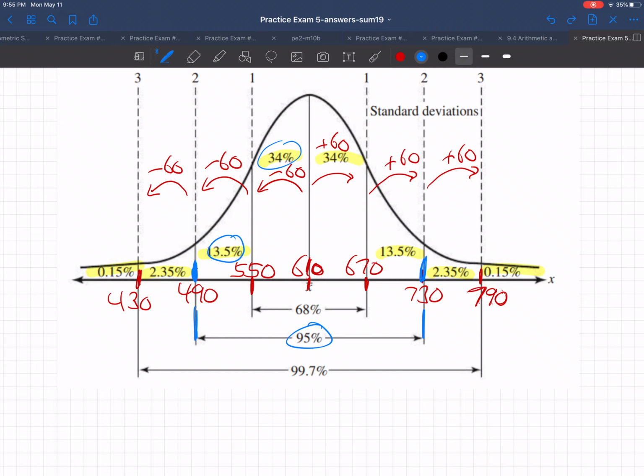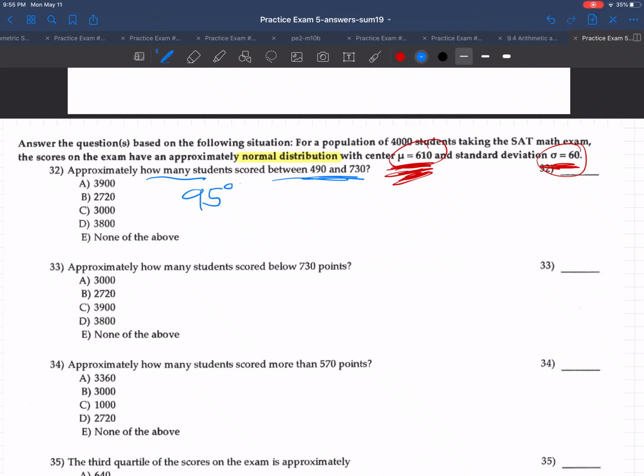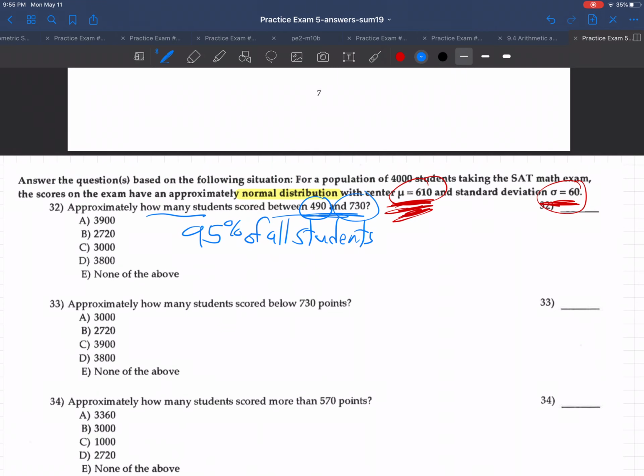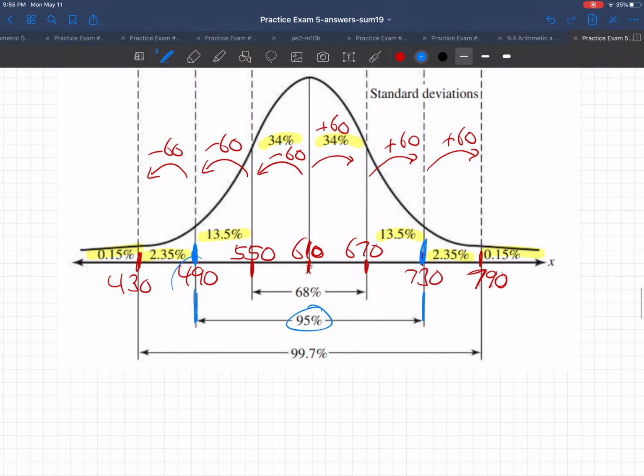So I'm going to go back to it now and take my 95% with me. Say, well, 95% of all the students. See how I got that? I just looked down here between 490 and 730, which is the numbers they told me. I went to 490 and 730. Between the two lines, 95%.